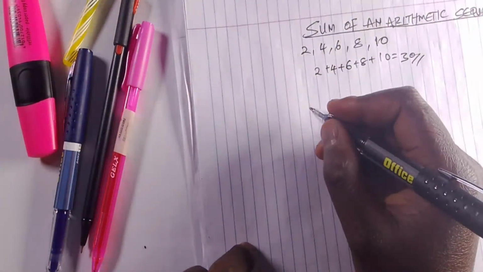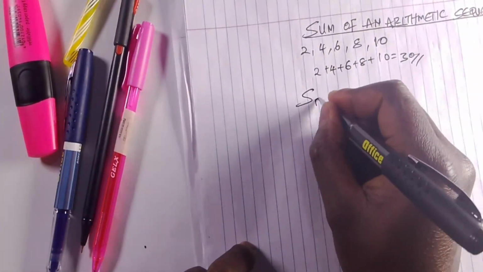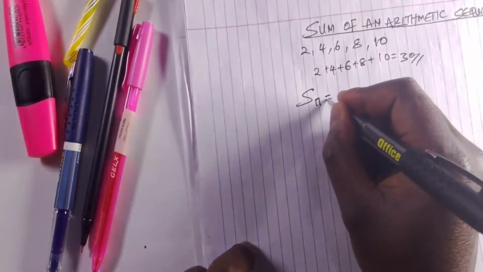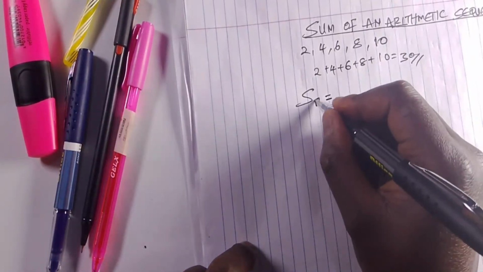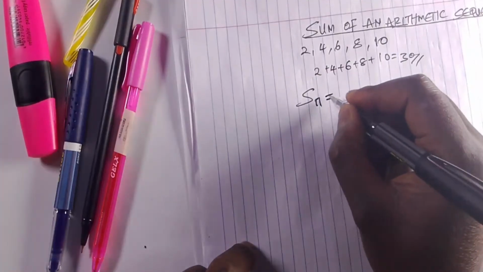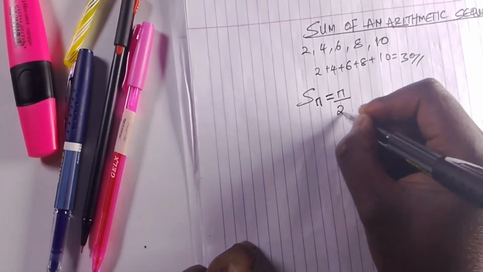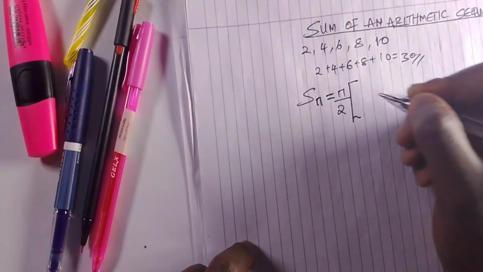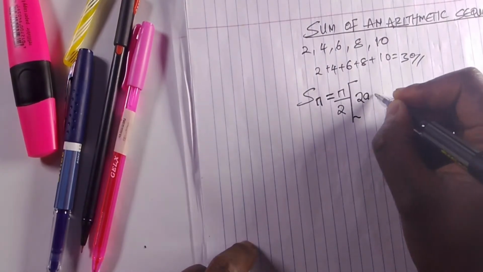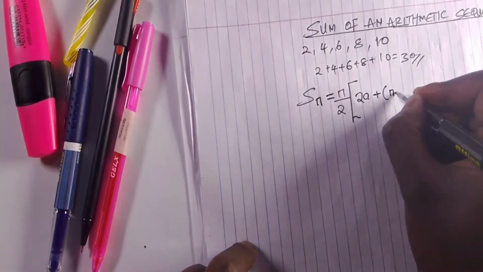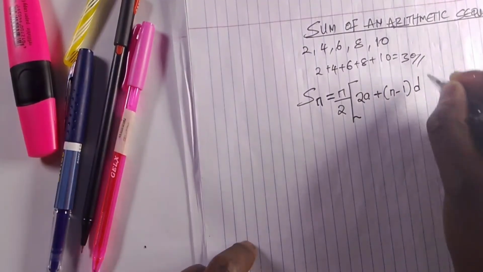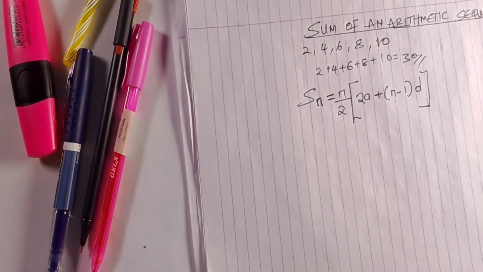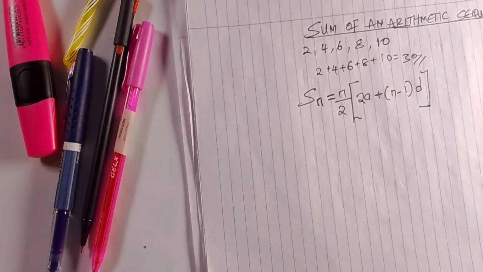So the formula we use to find the sum is that the sum of n terms is equal to n over 2 into brackets 2a plus n minus 1 d. That is the formula we use to determine the sum.